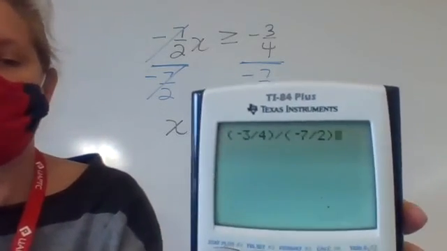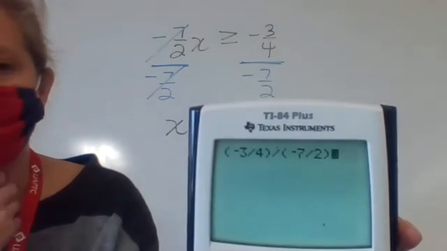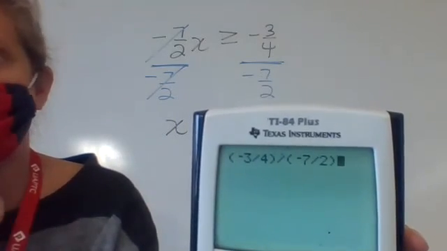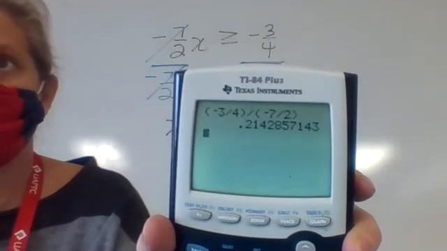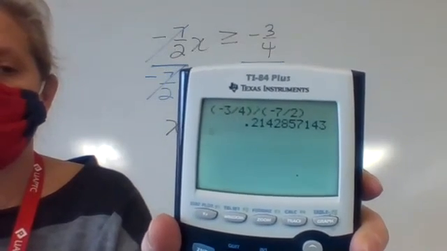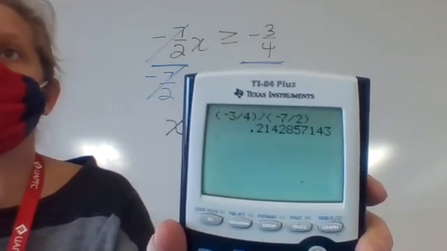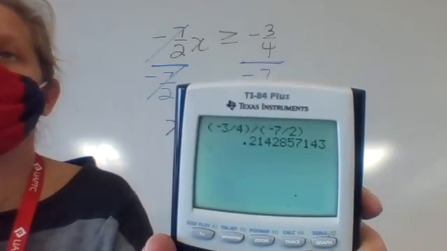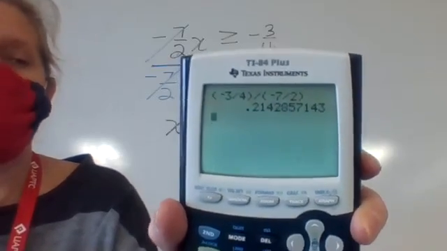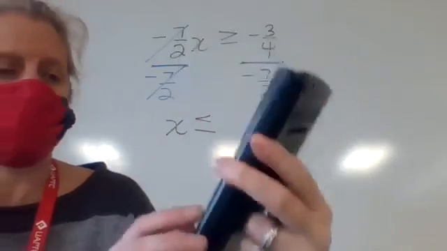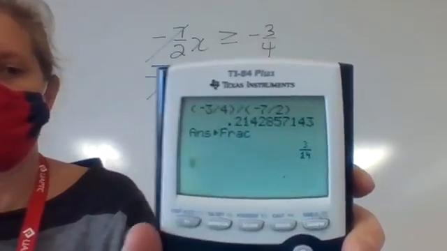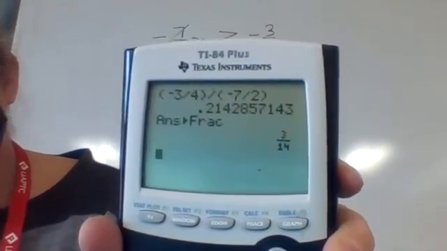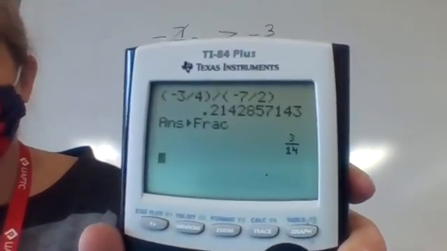So again, I have the top fraction in a parenthesis divided by the bottom fraction in a parenthesis. Oh, did you push the minus button instead of the negative? Try that. So I got a crazy decimal, so I'm just going to press math enter to get 3/14.